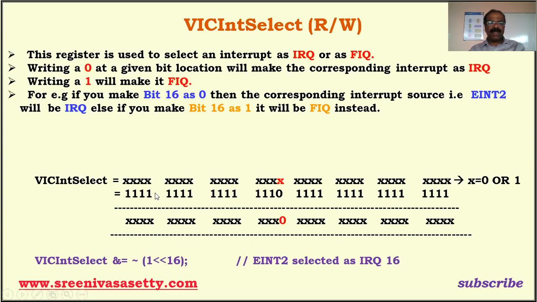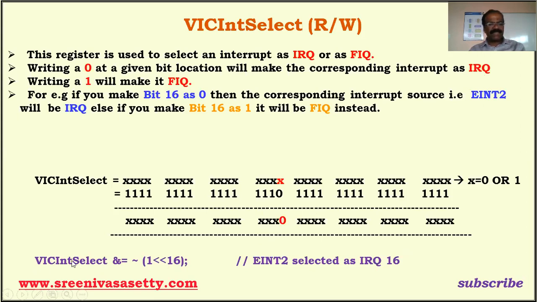Therefore, by making bit number 16 equal to 0, we configure EINT2 as a normal IRQ, that is IRQ 16, because EINT2 comes under 16. That's the meaning of this. Understood this particular idea? So in the program we write only this much.